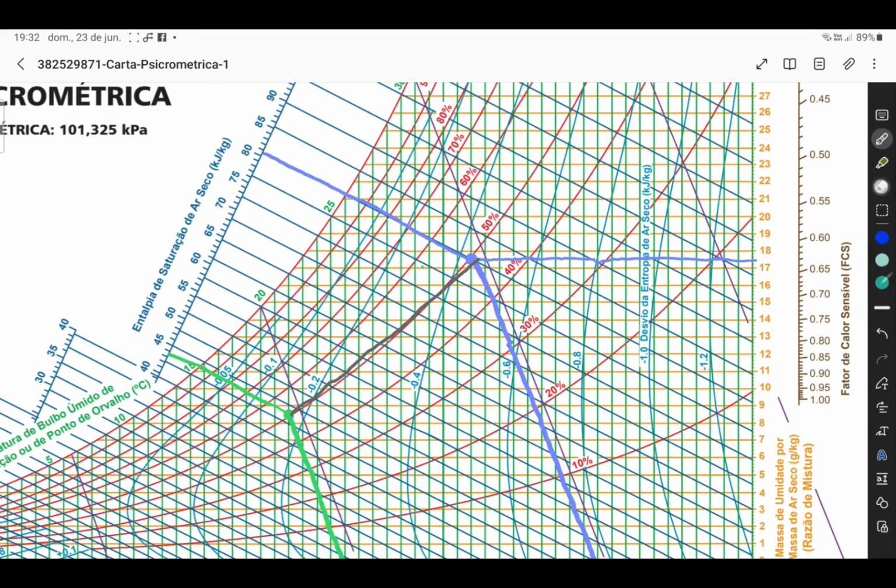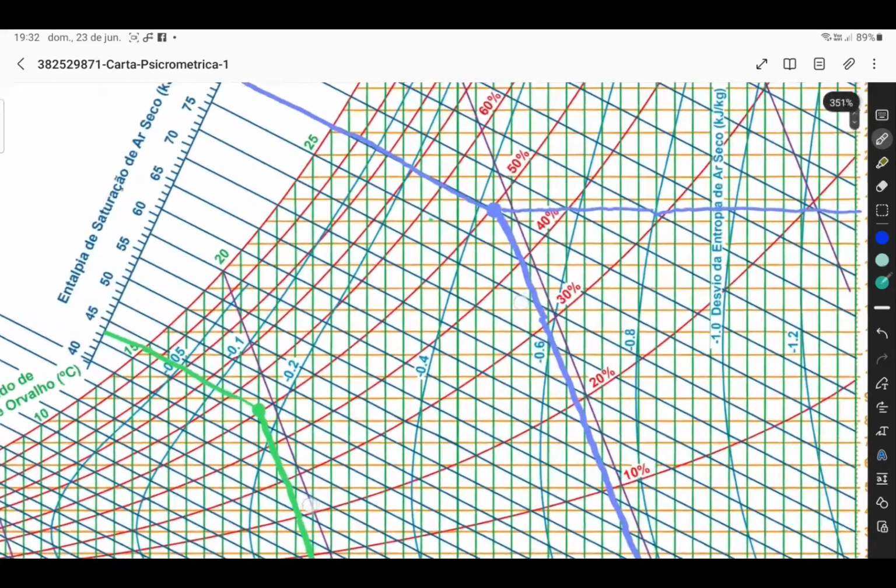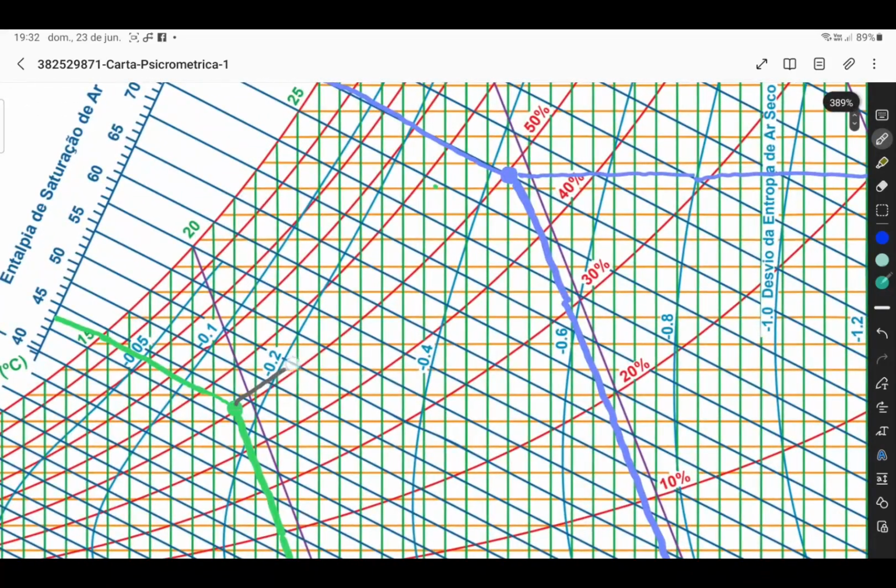My line didn't look good, let's remove it. My mix between these 2 flows will be somewhere along this line here.